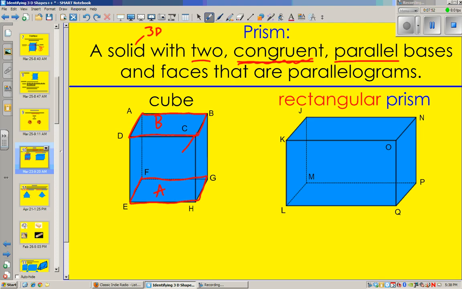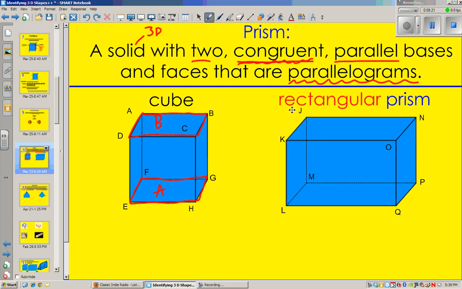If I were to start extending the line out here and this line out here, they're never going to intersect. They're running parallel. Okay? So they are parallel bases, and they are squares, and squares are a type of parallelogram. So that's what we're talking about when we're talking about prisms.